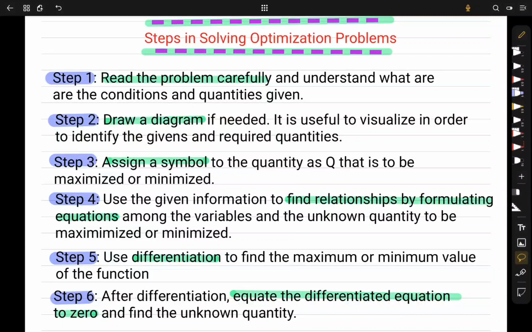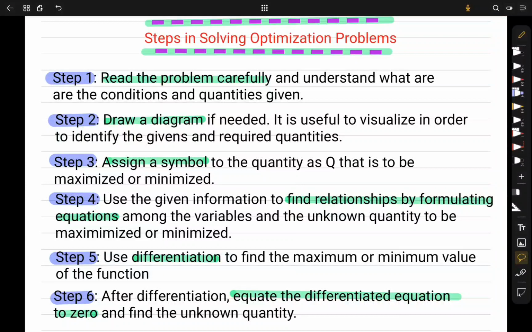Then, after that, step 6, after differentiation, equate the differentiated equation to 0 and find the unknown quantity. So, after natin ma-differentiate yung ating formulated equation, equate natin to sa 0. And after equating, we're able to find yung ating unknown quantity.